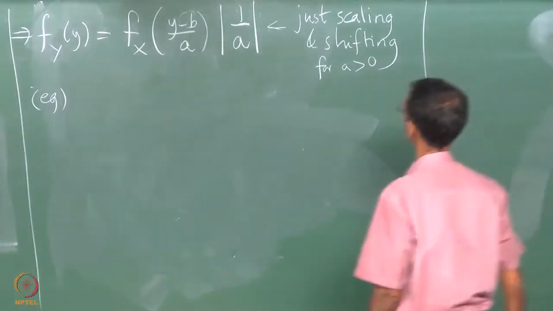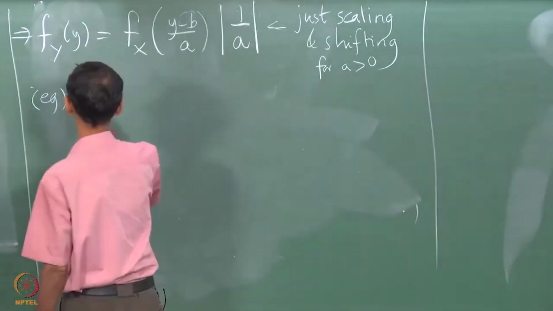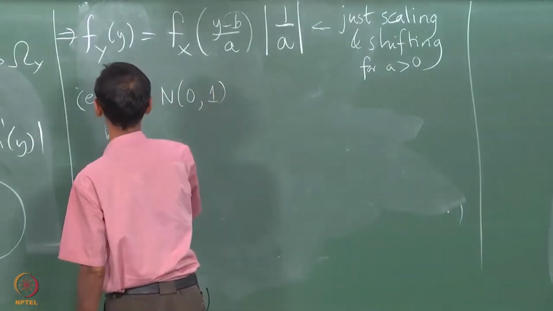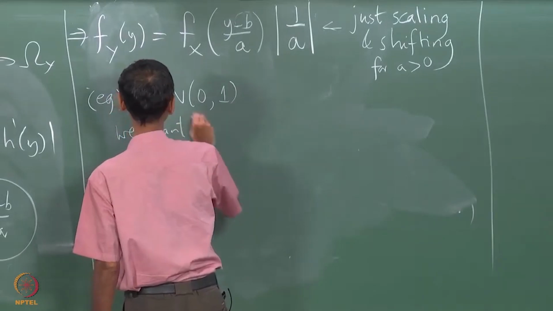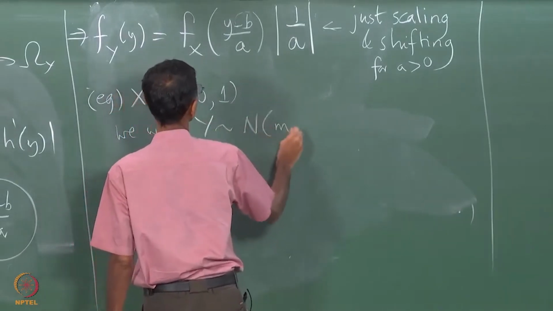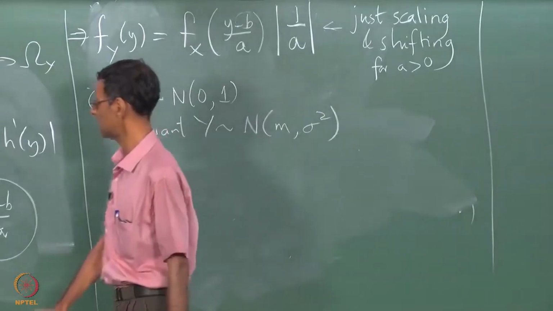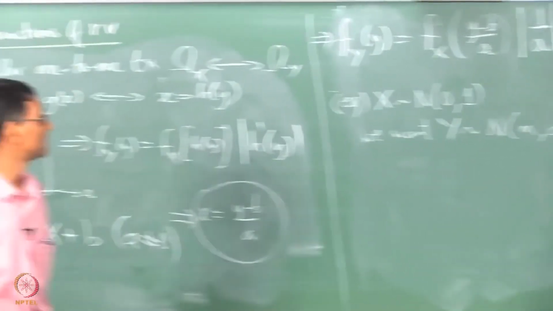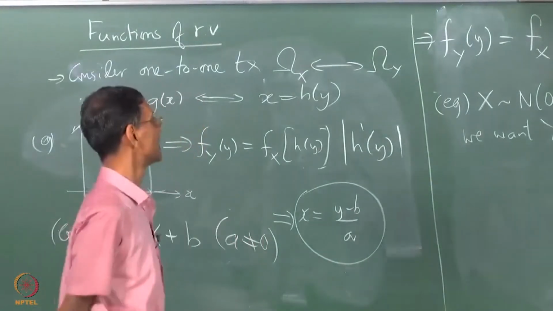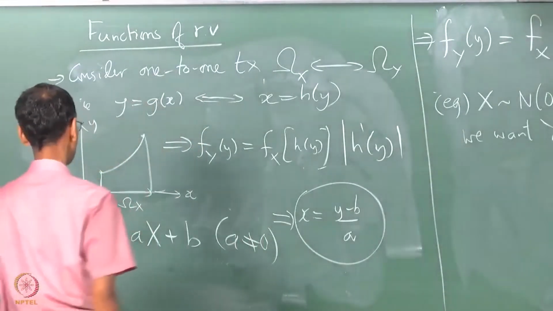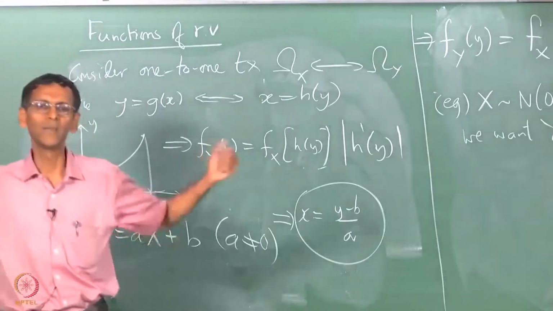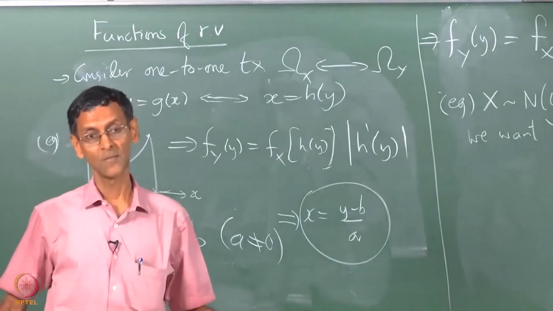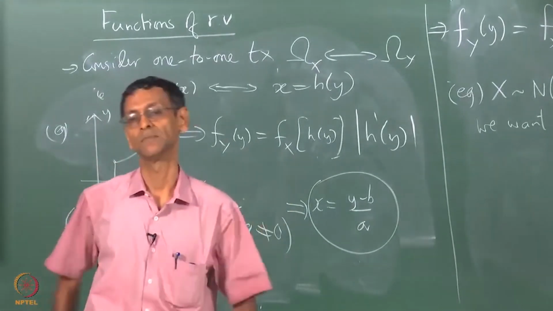So the Gaussian case: supposing x is N(0, 1) and we want y to be N(m, sigma squared). What should you choose a and b to be? If a Gaussian is the input, any amount of scaling and shifting will only give you another Gaussian output, but it will have a different m and different sigma.